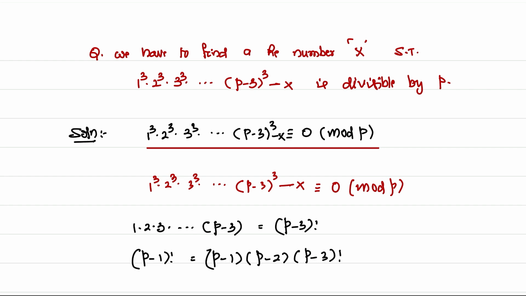But what does Wilson theorem say? As per Wilson theorem, please try to understand the concepts, p minus 1 factorial is equivalent to minus 1 mod p.